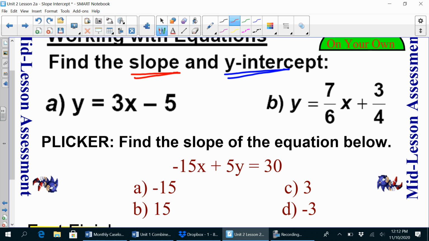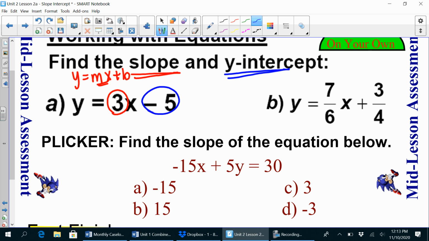So let's look at the first example. We know that it's y equals mx plus b. If the slope is m, let's look at the example we have here. The number that is in front of the x is 3. The y-intercept, or the number that would be by itself, is negative 5.